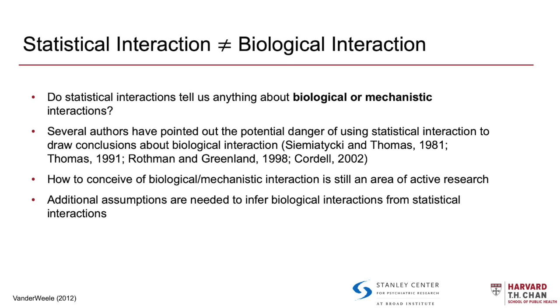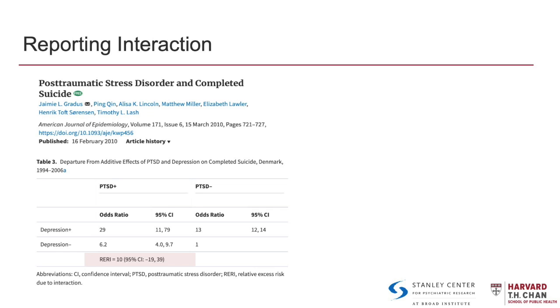We try to base our knowledge not on a data-driven statistical analysis approach, but on prior knowledge, looking at the literature. How to conceive of biological interaction is still an active area of research. Several investigators are continuing to refine our methodologies, and additional assumptions are needed to infer biological interaction, not just based on statistical understanding.